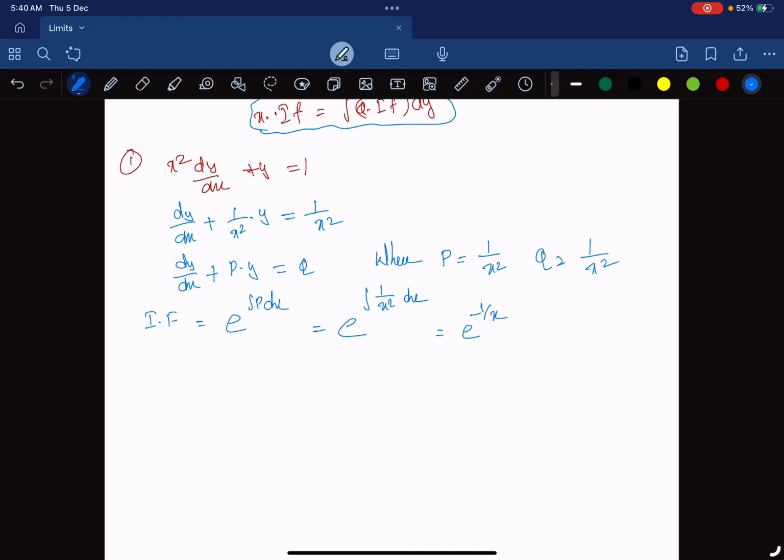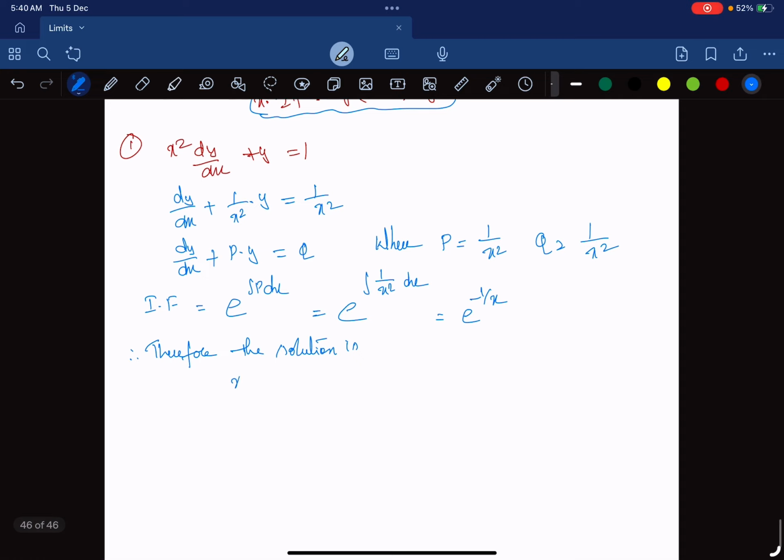So the solution is y into integrating factor is equal to the integral of q into integrating factor into dx plus c.